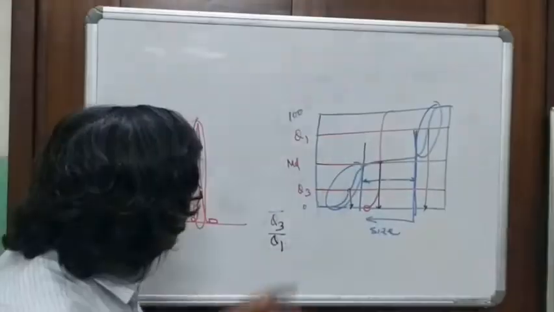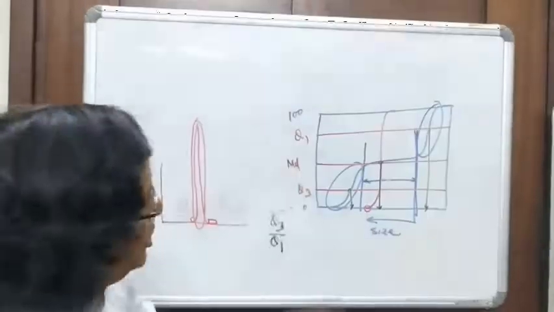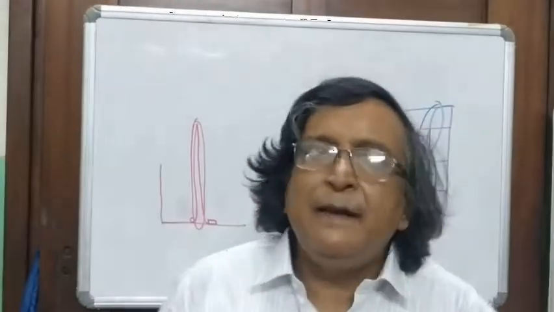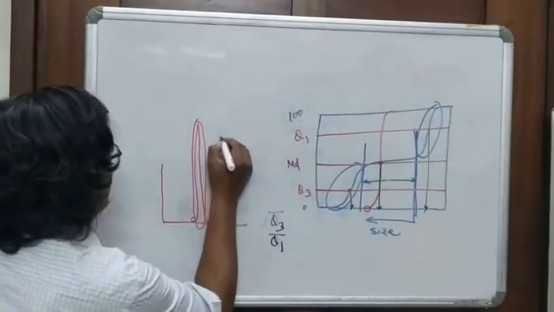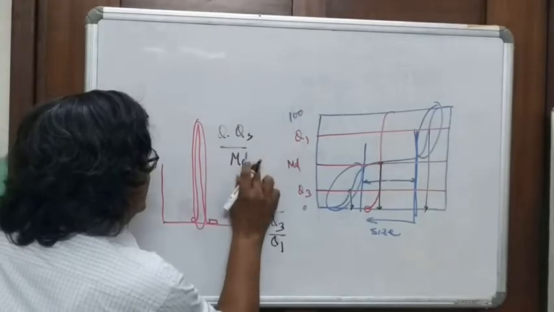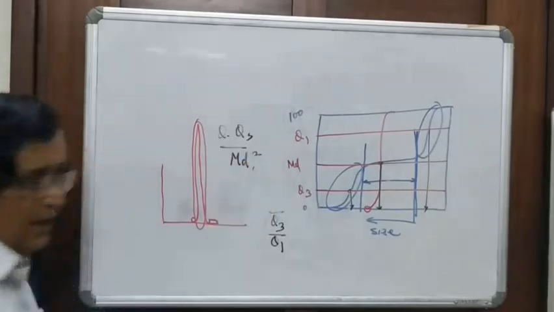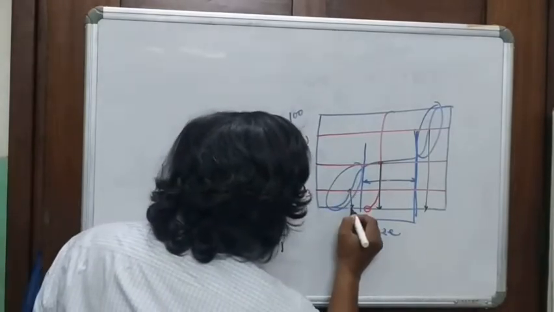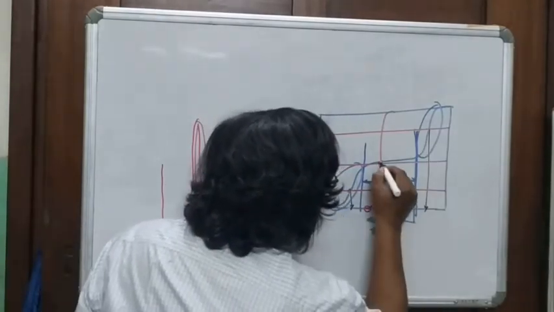And then you take out the skewness part, root over Q1 into Q3 by MD squared. This is what skewness is all about. Now you see, this is your Q3 for the blue one, this is your Q1, and this is your MD squared.